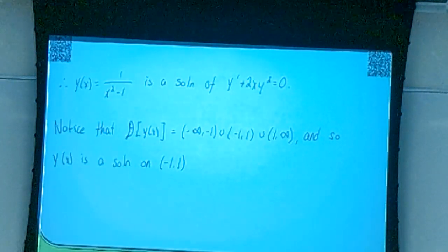But if you now make that interval larger and still contain negative 1 to 1, it would no longer be a solution, because you can't have negative 1 and positive 1.